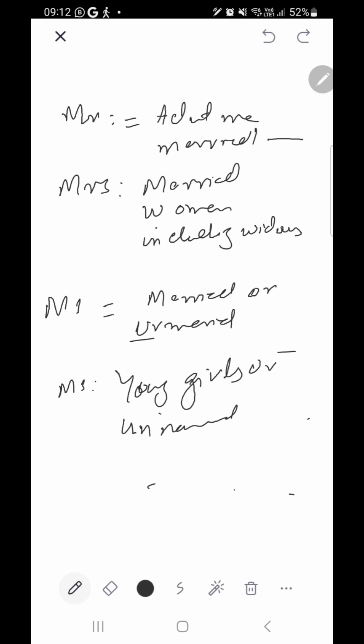So I think it's clear to you: Mr. for an adult man, married or single; Mrs. for a married woman; Ms. for married or unmarried women, those who don't want to say their title or status; and Miss is used for a young girl or unmarried woman, right? Is it clear? Okay.